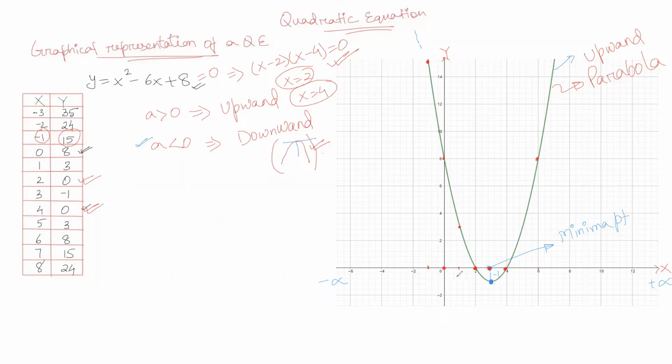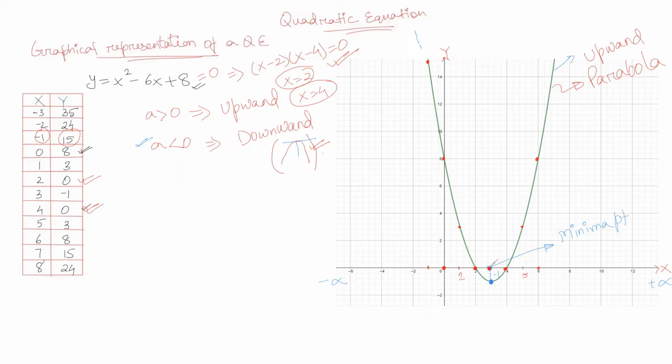In a similar way, at x equal to 1 and at x equal to 5, the graph is attaining a value of 3. And at x equals 0 and at x equals 6, the graph is attaining a value of 8 and so on. So we can say that the graph behaves exactly the same to the left and the right side of this point.